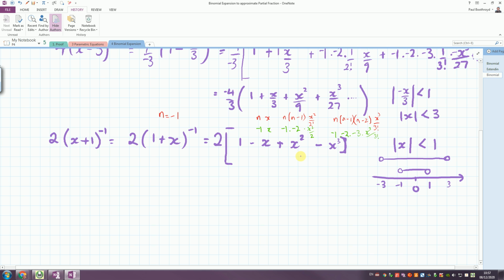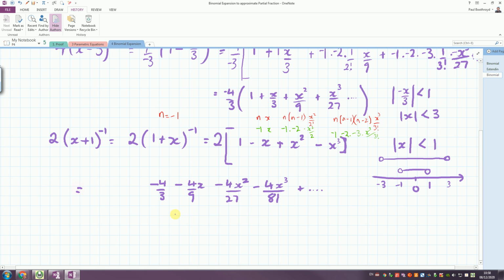And the last part would be to actually expand these out and combine your terms. So we need to add the two together. So we've got minus 4 over 3, minus 4 over 9 x, minus 4x squared over 27, minus 4x cubed over 81.